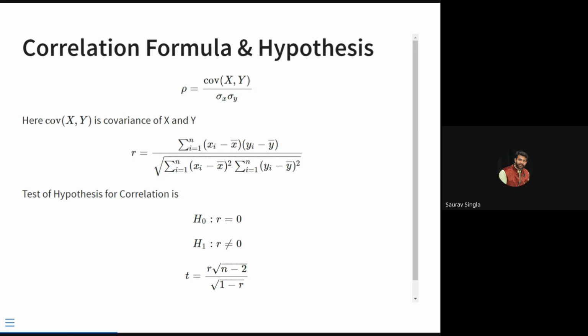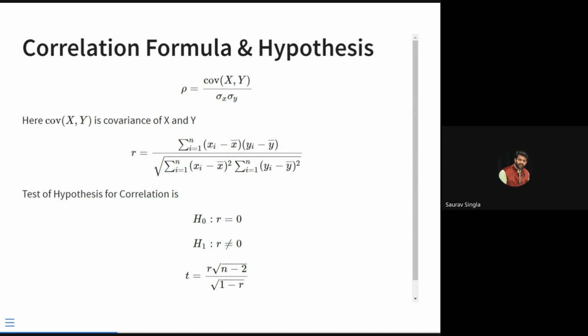However, the problem with considering only covariance is that it has no limits. It ranges from minus infinity to plus infinity. That is the problem with covariance.